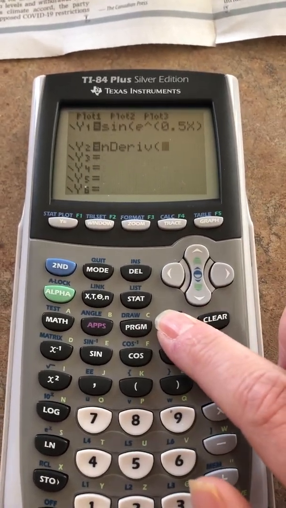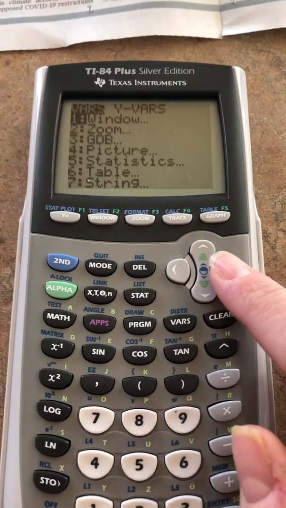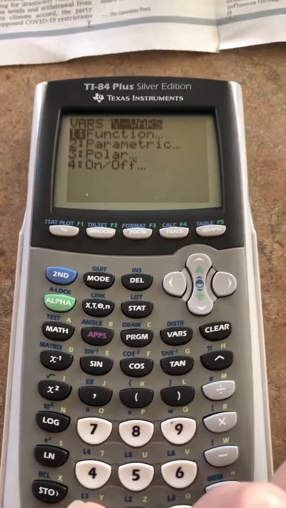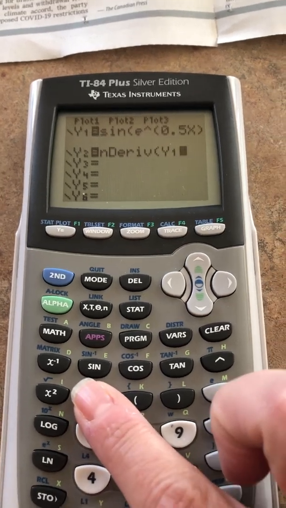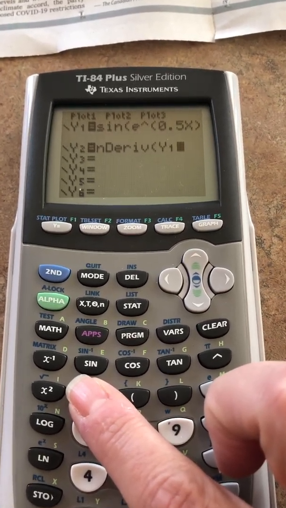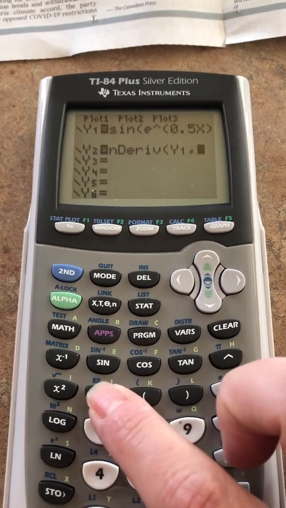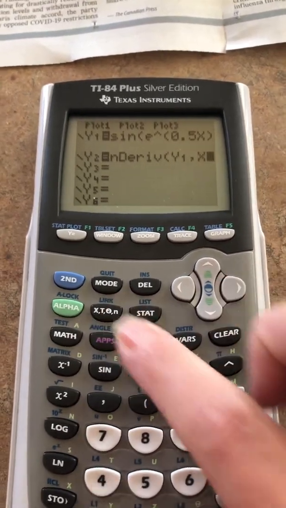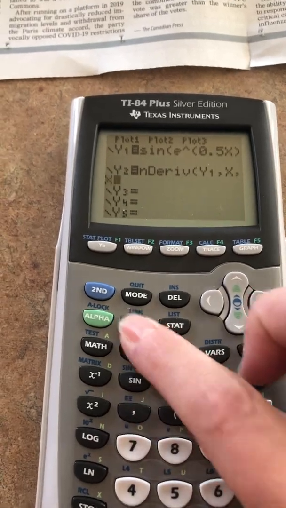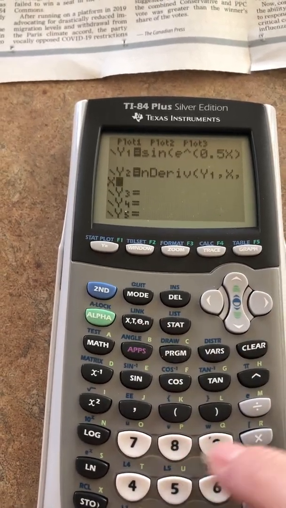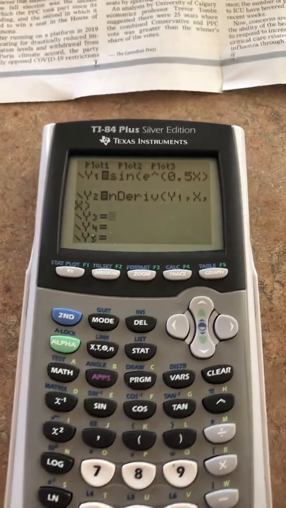So that's the vars, then toggle to y vars, function y1 to put that in there. For the people that have the basic TI, you can follow along with this. The other people, it's the same keystrokes. You're going to put x in one of the squares and another x in the other square. Okay, so that's the first derivative.